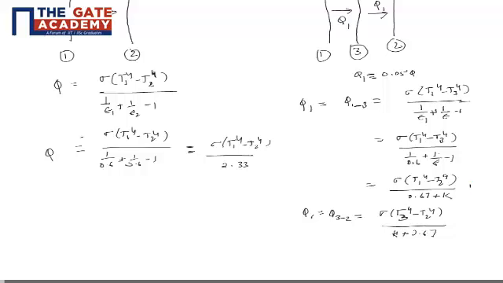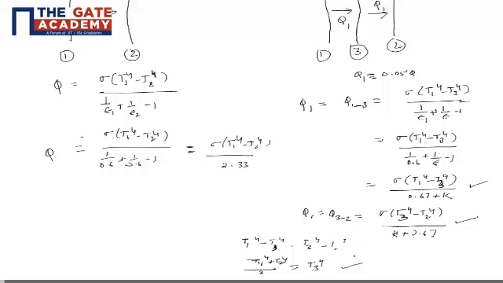Now I know that these two terms are equal, and going by that I can say that T1 power 4 minus T3 power 4 is equal to T3 power 4 minus T2 power 4, and from this I can say that (T1 power 4 plus T2 power 4) by 2 is equal to T3 power 4. This will be useful in my comparing.